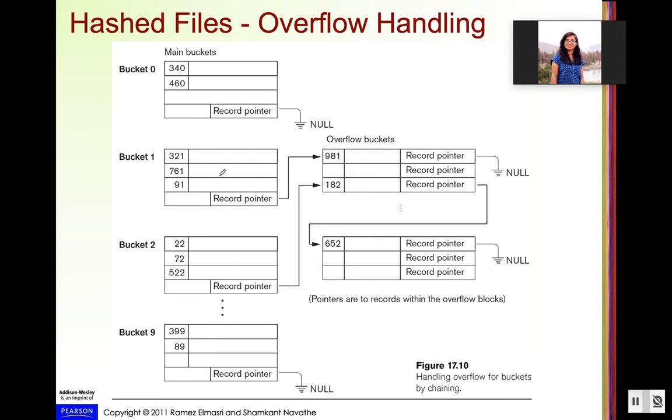So the next record, 981, we are going to store in the overflow bucket. Likewise, when bucket 2 is full, we store the record in its overflow bucket, and there is a record pointer which points from this one to this one.